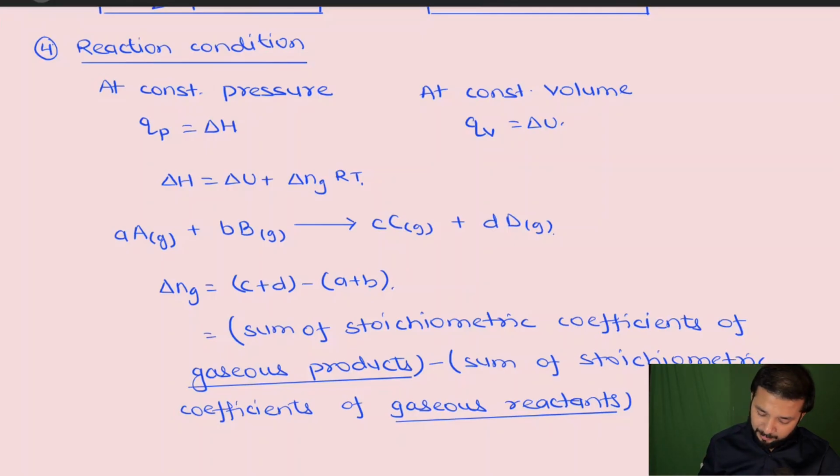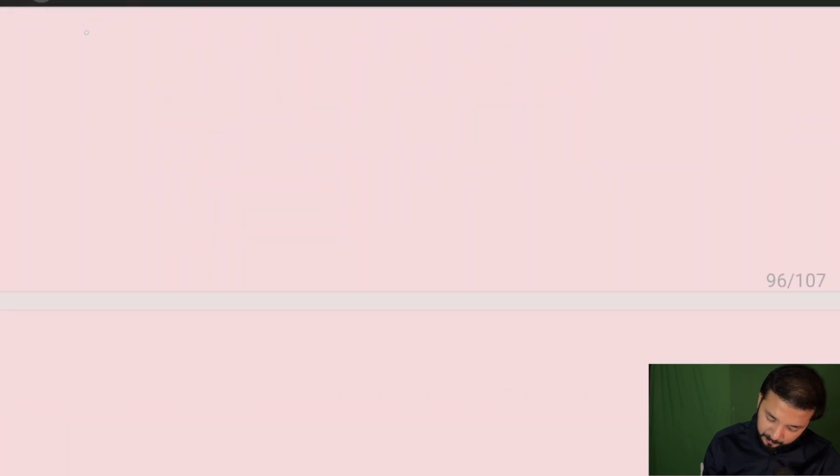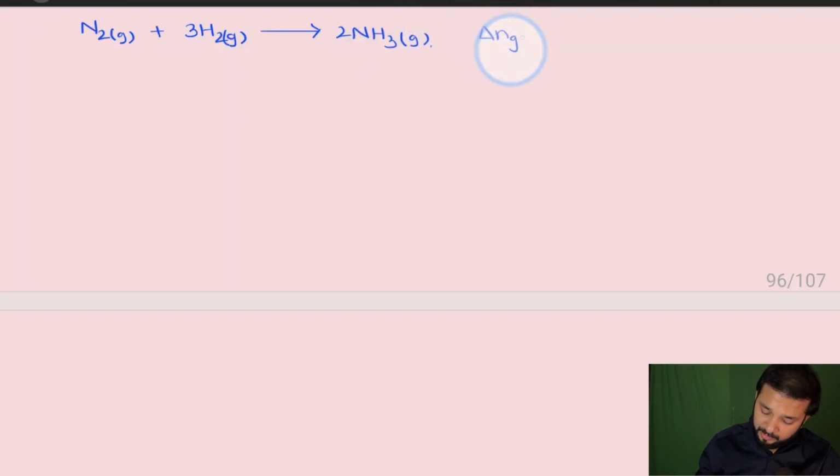Now let's take an example of this. Let's say the reaction is N2 gas plus 3H2 gas giving us 2NH3 gas. So what will be delta Ng for this? It will be 2, which is for product, minus for reactant 1 plus 3.